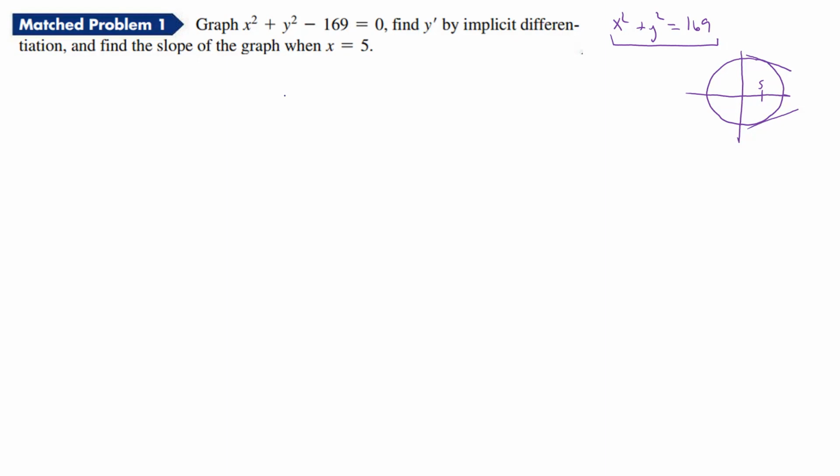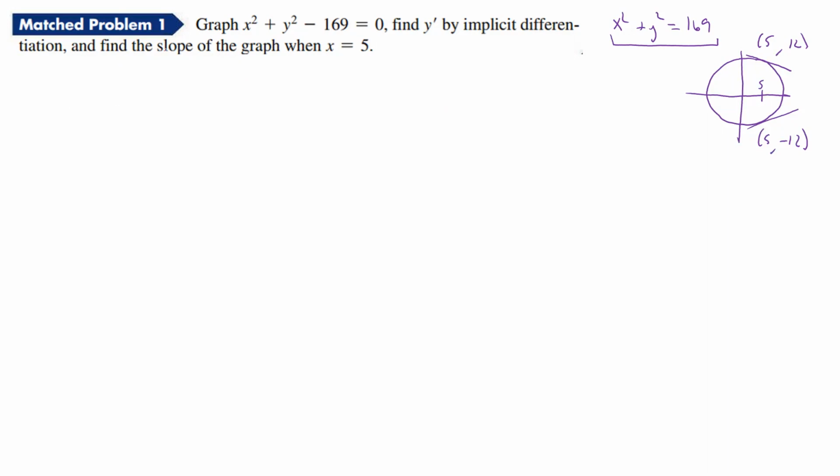Well, if we plugged in 5 for x, so that would be 25, and we take the 169 over, then we're going to get 144. And so we're going to have the 2 points. One of them is going to be 5, 12, and the other one's going to be 5, minus 12. So those are 2 points we're going to actually have here for solving for the slope once we get to that point.